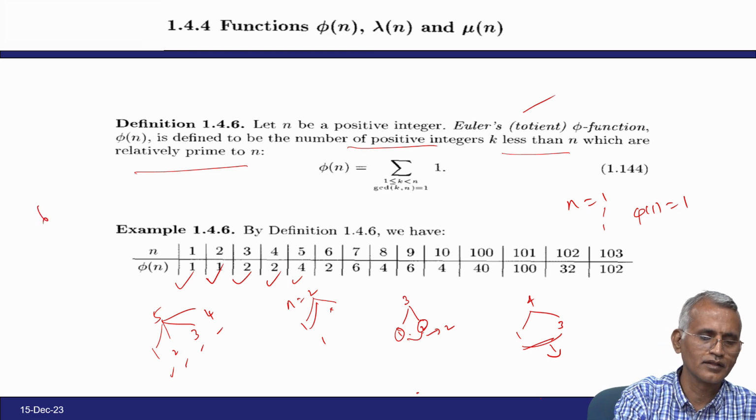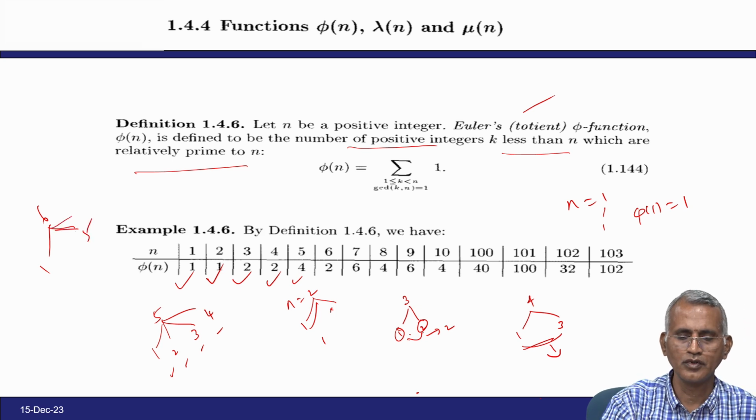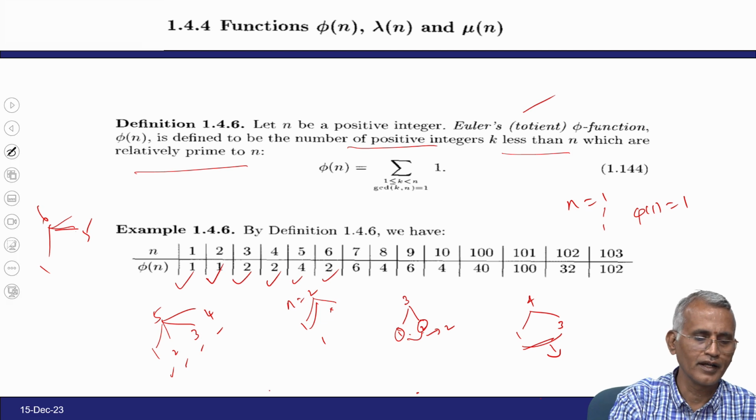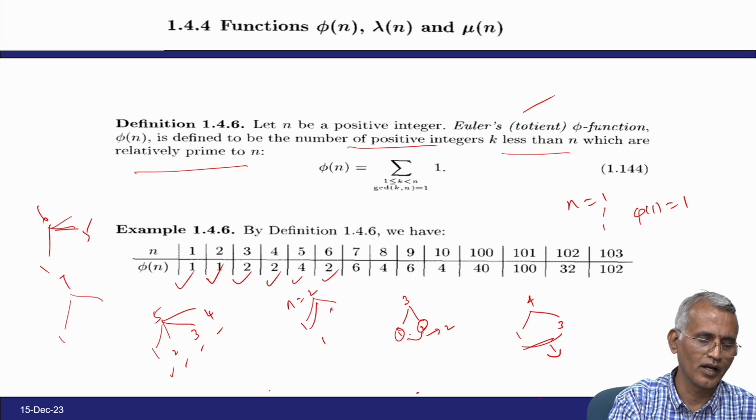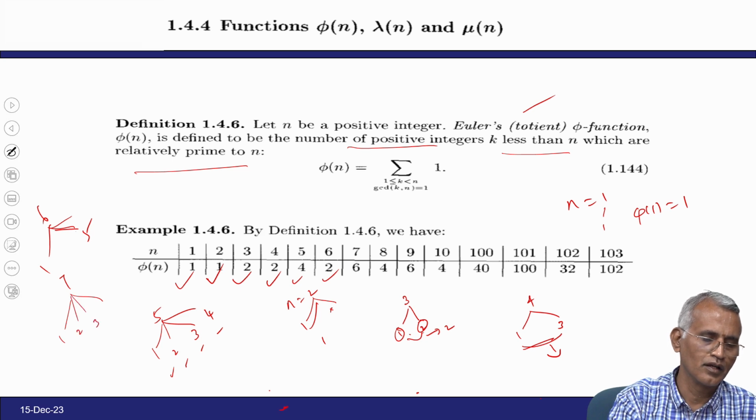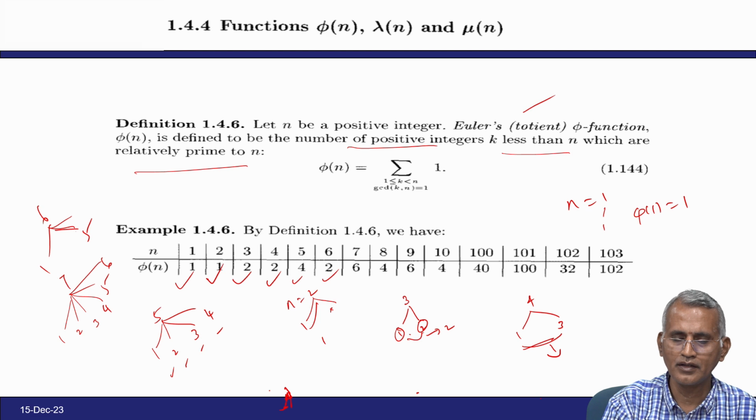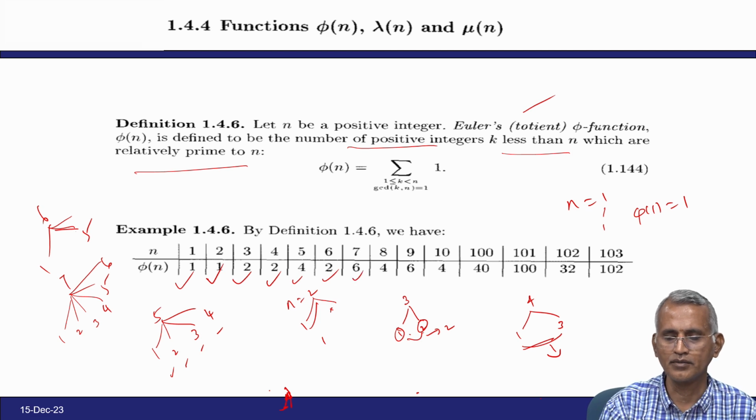You take 6, what are relatively prime to 6 is 1; 2 does not come, 3 does not come, 4 does not come, 5 will come, that is all, only 2. You take 7, and relatively prime to 7 are 1, 2, 3, 4, 5, 6, totally 6 terms.